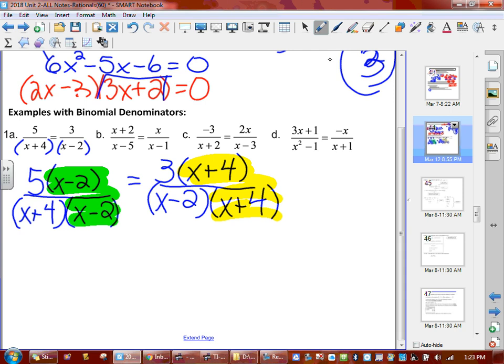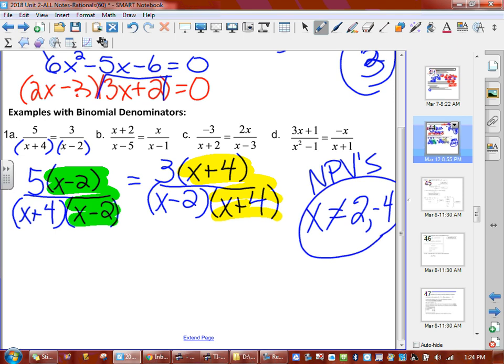The minute you've done that, and you identify non-permissibles, then you can solve for x and get rid of your denominator. So, non-permissibles, NPVs, x can equal what in this bracket? Positive 2. Other bracket, negative 4. So 2 and negative 4. All right, there's our NPVs.